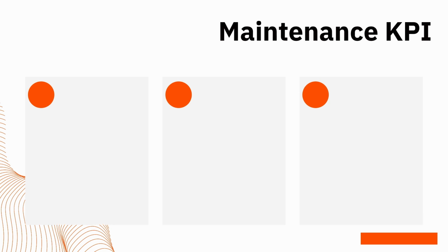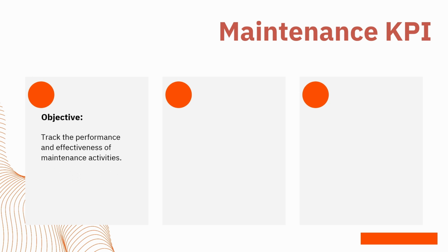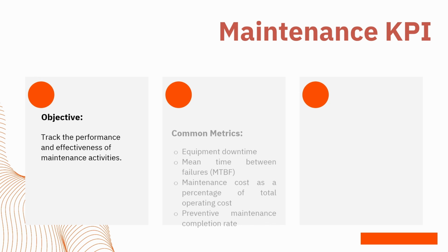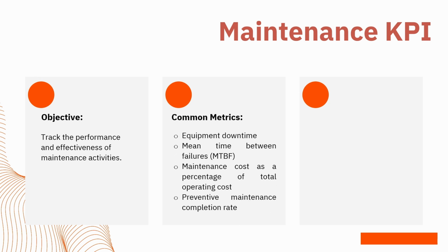Next is maintenance KPIs. Maintenance KPIs track the performance and effectiveness of maintenance activities. The common metrics used to measure these activities include equipment downtime, mean time between failures, MTBF, maintenance cost as a percentage of total operating cost, and preventive maintenance completion rate.